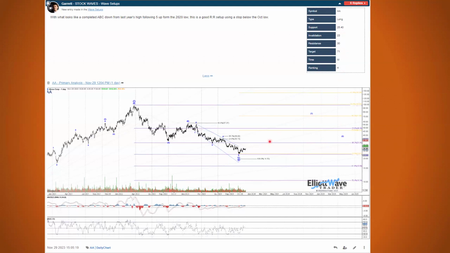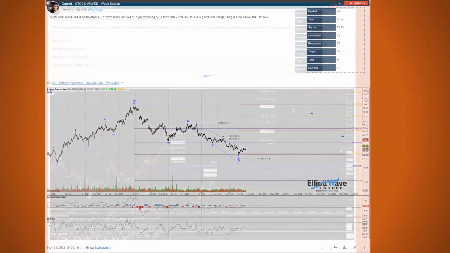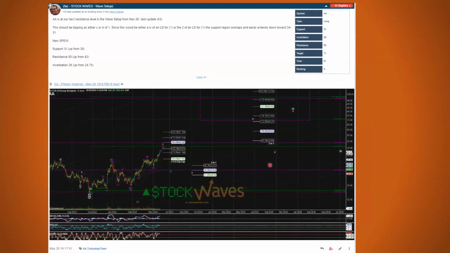At the time, support was probably this slightly higher low, but then validation level was just the low that had been recently made. So it got an official update last May after it did reach that first resistance region for wave 1.